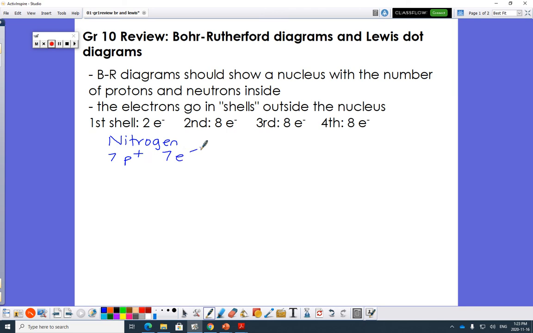And then the atomic mass is 14.01. So I'm going to round it to 14. Minus 7 is 7. So make sure you make a nucleus.